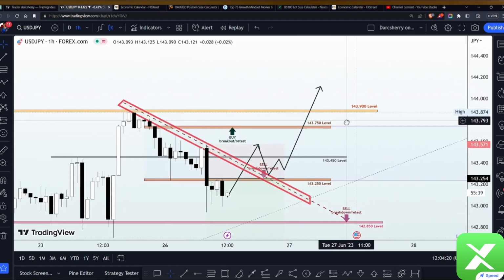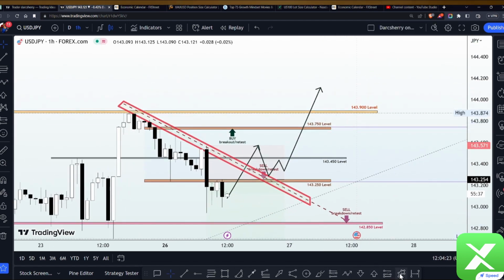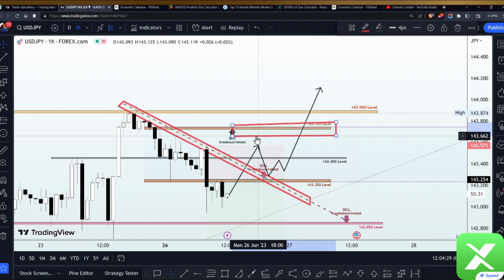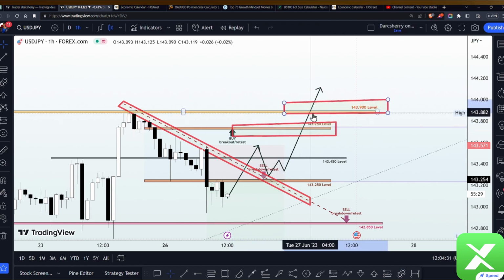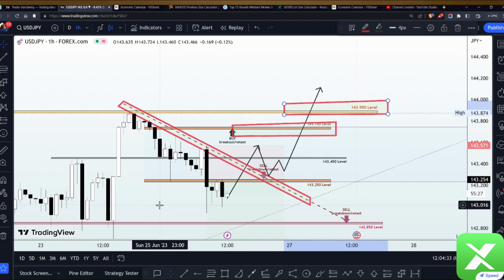We can also maximize this bullish move, as we have key levels at the 143.750 to add more position to our existing trade, and another key level at the 143.900, which is our key level for the week, to maximize the potential of this move to the upside.